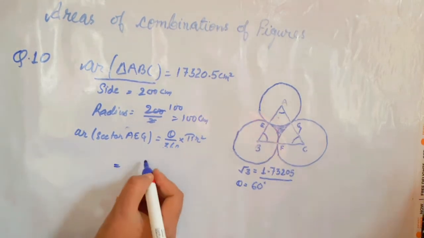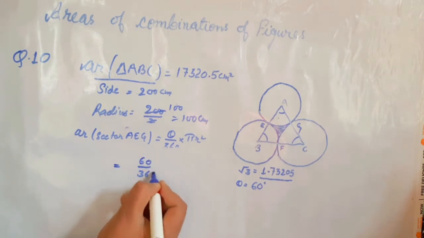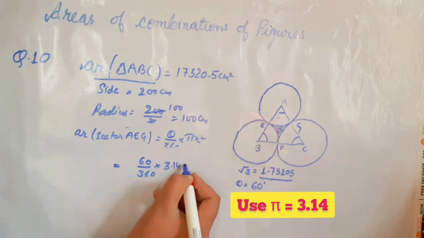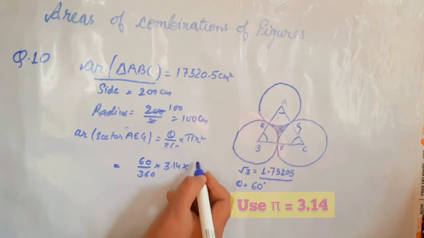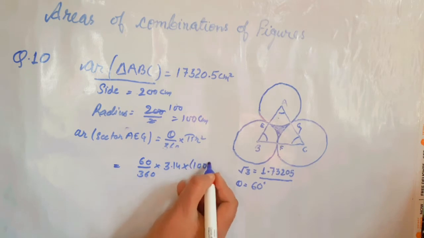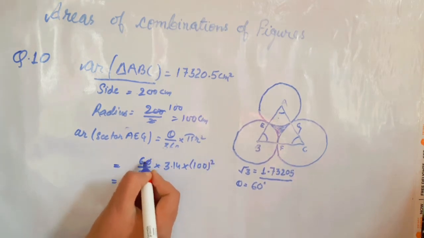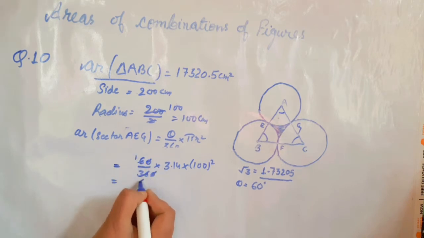So therefore theta is equal to 60 degree, so 60 upon 360 multiplied by pi, they said 3.14 into r square is 100 square.